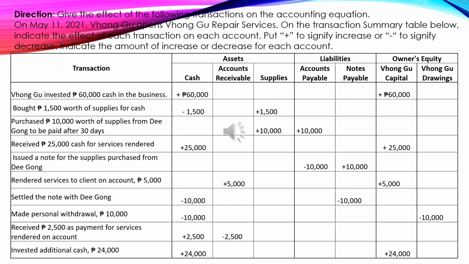So that's why there is an increase in asset, but not in a form of cash, but in a form of accounts receivable. And that services rendered will be an income on the part of Vonggu, which will be an increase in owner's equity. Okay?